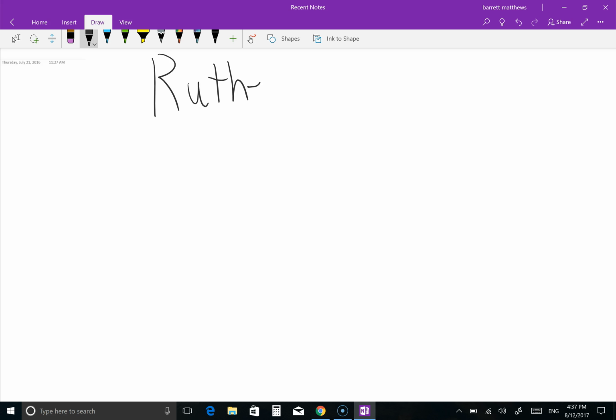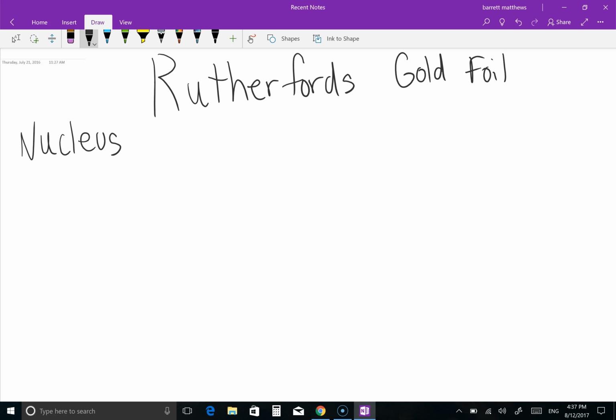Now let's take a look at another experiment, and that is Rutherford's gold foil experiment. This is really going to be the discovery of the nucleus, but inside is the proton, which gives it the positive charge seen in the experiment.